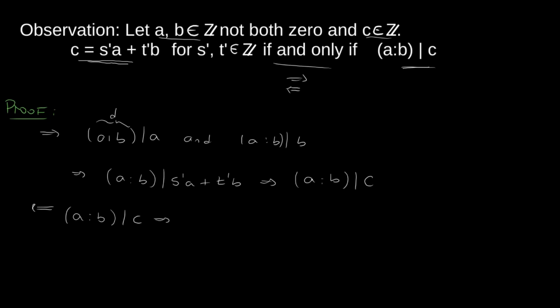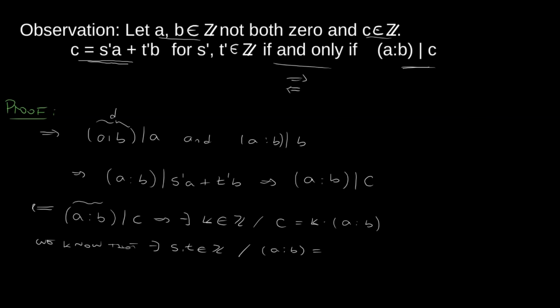So then there exists an integer k such that we can write c as k times this number here, and this is the greatest common divisor between a and b. But with the theorem we just proved, we know there exist integers s and t such that the greatest common divisor between a and b can be written as s times a plus t times b.